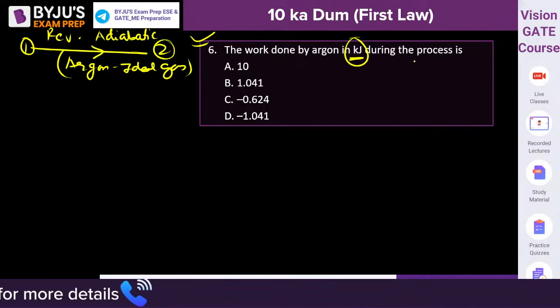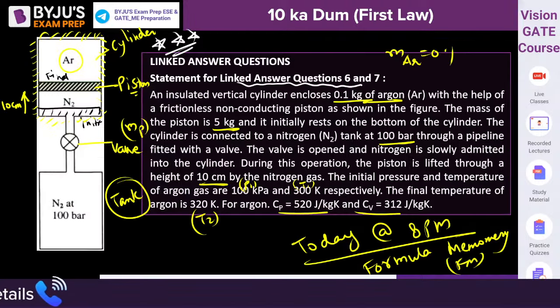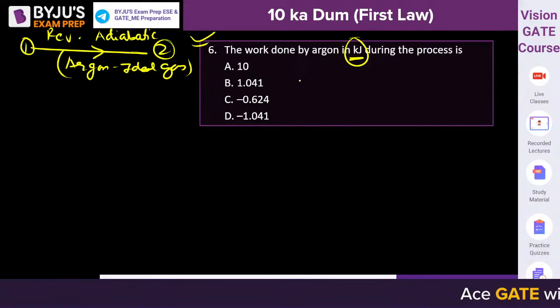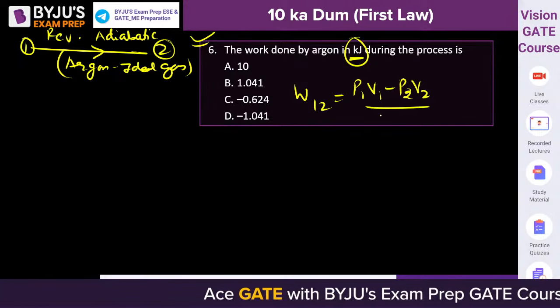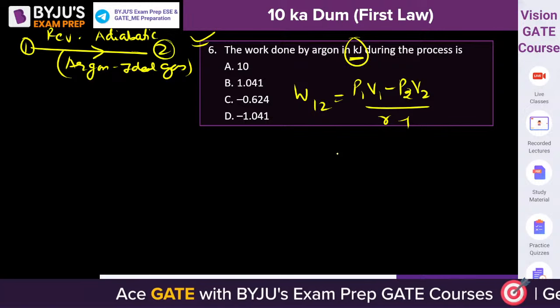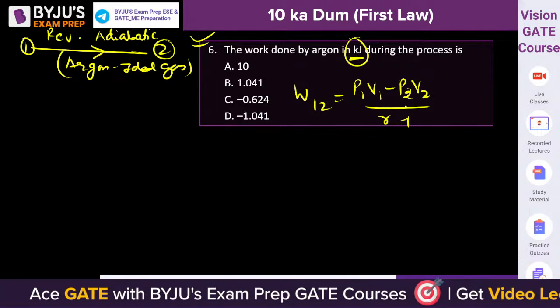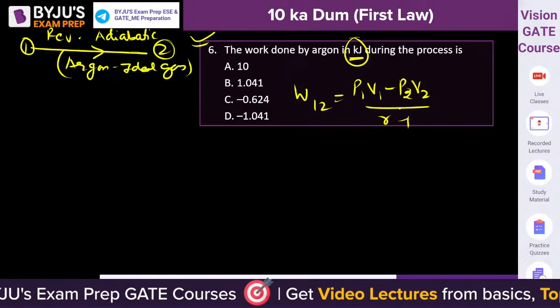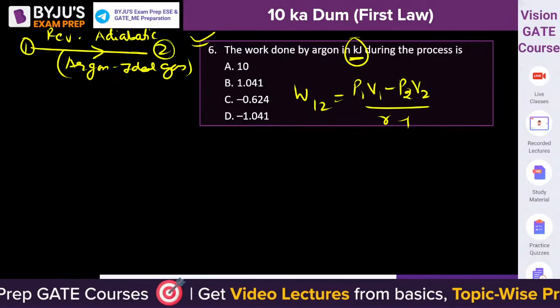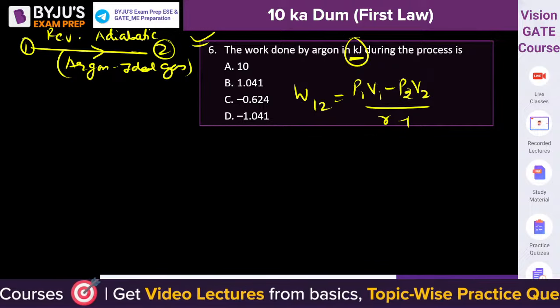That is our objective. The work done by the argon. So the argon is undergoing a reversible adiabatic process, because Q is equal to 0, isentropic. So W12 is equal to, can we write, P1 V1 minus P2 V2 upon gamma minus 1? P2 V2 is not given. V2 we cannot calculate because the area of the piston is not given.